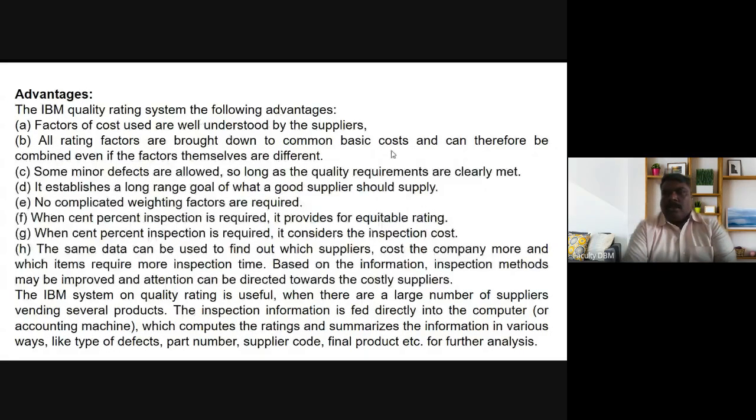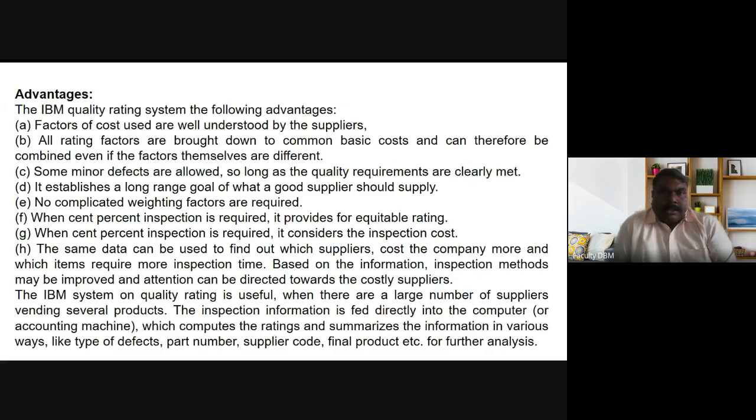So what are the advantages of this vendor rating? The IBM quality system has the following advantages. Even for this IBM or the Bell helicopter, in any rating system, these are the advantages. You can take them as standardized advantages. Factors of cost are used as well as understood by the suppliers.